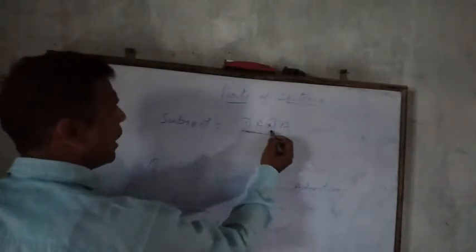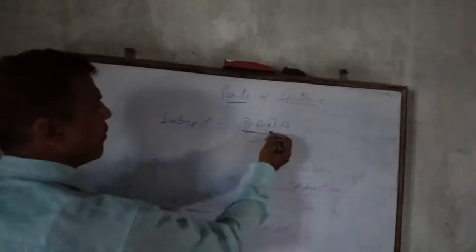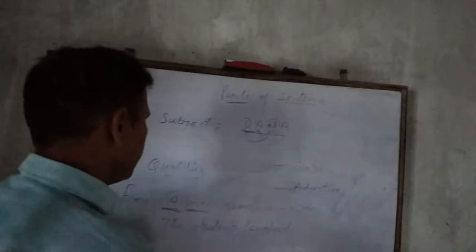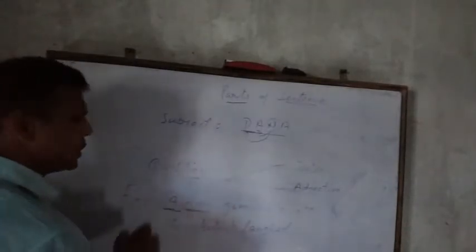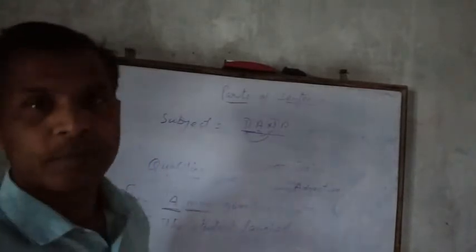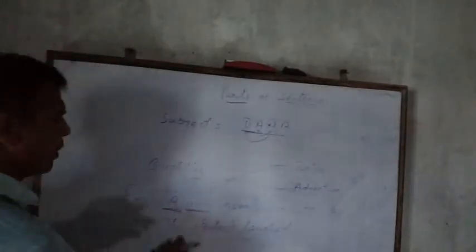Before the noun a determiner is used. Before the noun an adjective is used. Here before man, a is used and a is determiner. A is qualifier. So remember this, friend.